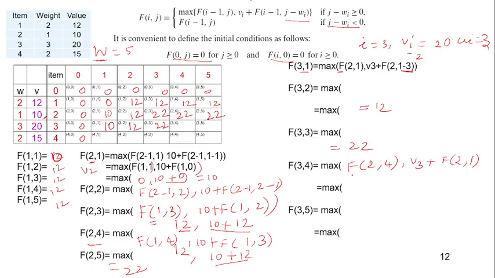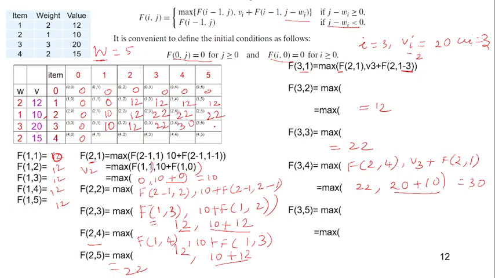So f of 2 comma 4 is 22, comma V3, the value of the third item, 20 plus f of 2 comma 1. What is the value of 2 comma 1? f of 2 comma 1 is 10. So the maximum value is 30. So here you have 30.